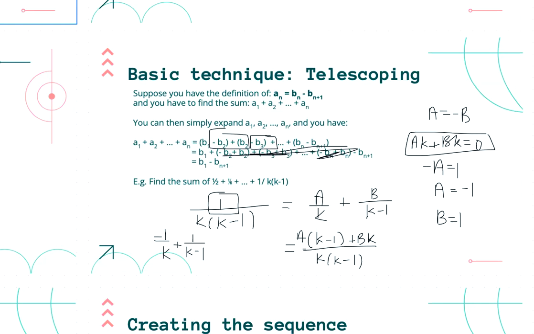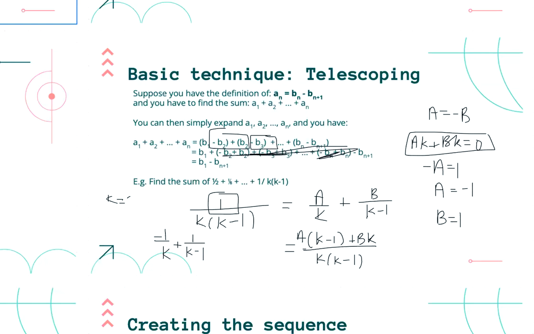When we're looking for the sum now, this is starting when k equals 2, I believe, for the first term.